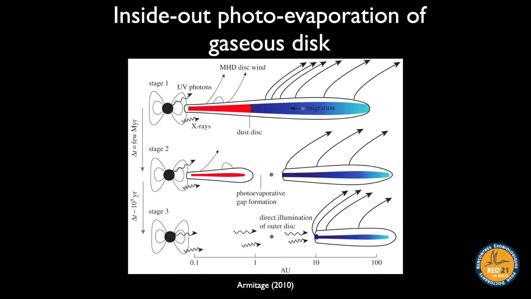Once they slowly drain away for a while, when they're below a certain critical density, the energetic radiation from the central star can basically give them a strong kick and clear them out from the inside out. And there can be this outward sweeping edge of the disk as it slowly dissipates. And that can have some consequences actually for planets' orbits.